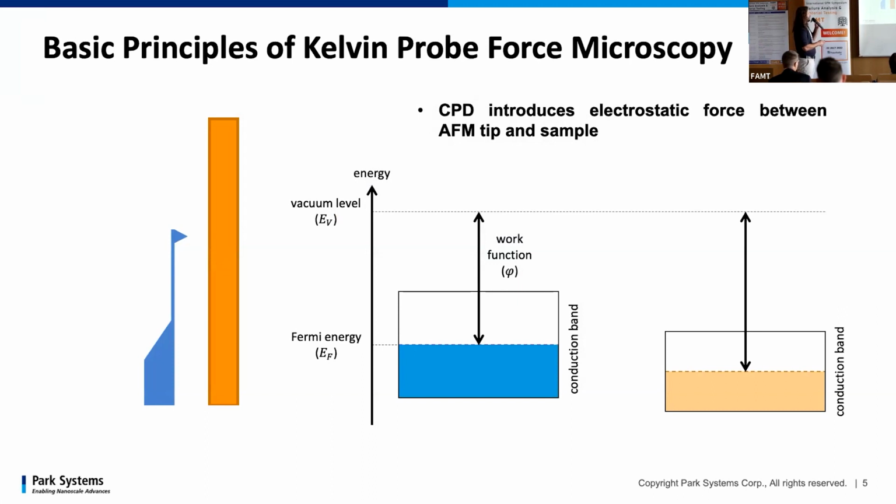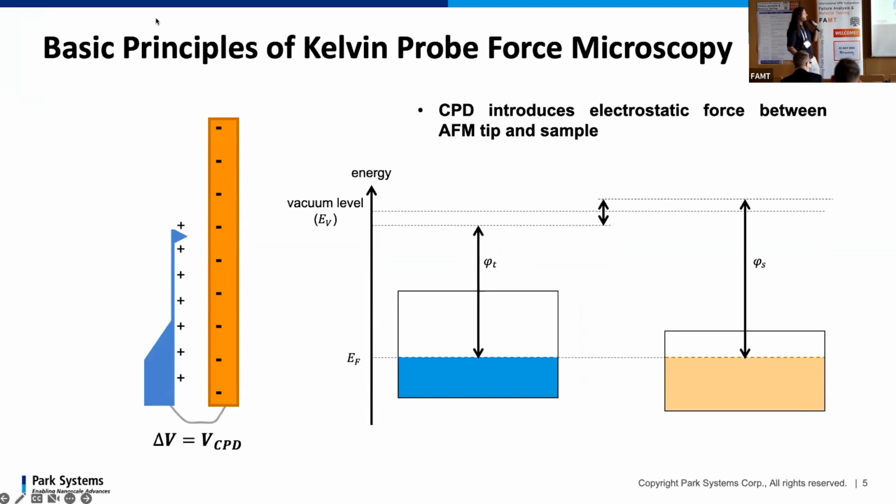When we now establish an electric connection between these two, electrons will start to flow from the material with the higher Fermi level to the material with the lower Fermi level, in this case from the cantilever to the sample. What we get in essence is a so-called contact potential difference, which will be achieved once the Fermi levels are aligned.